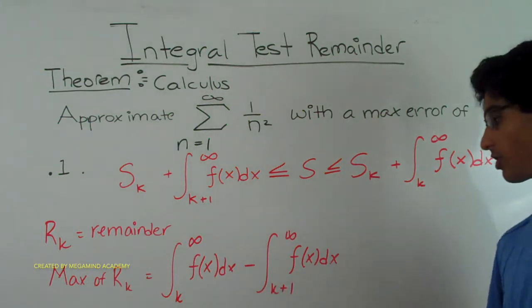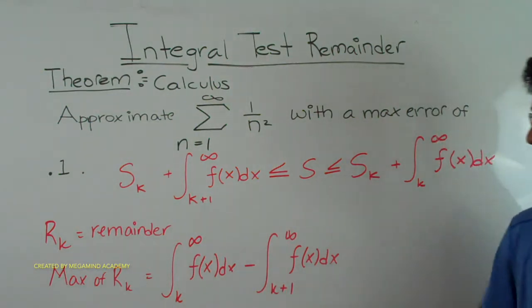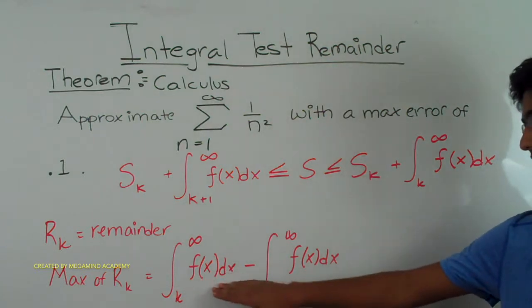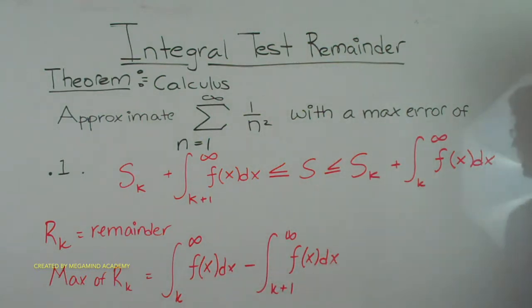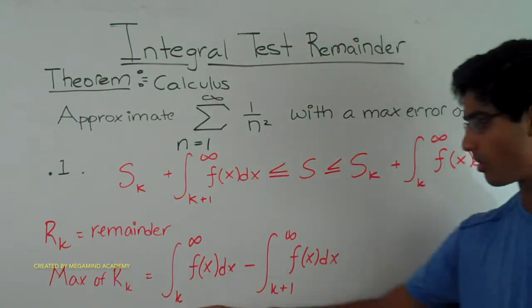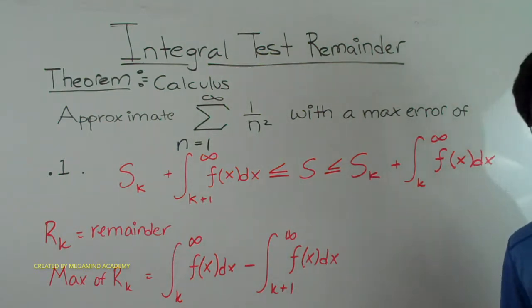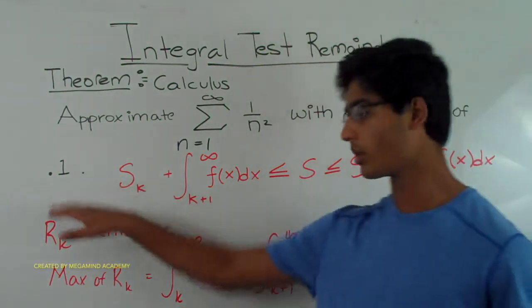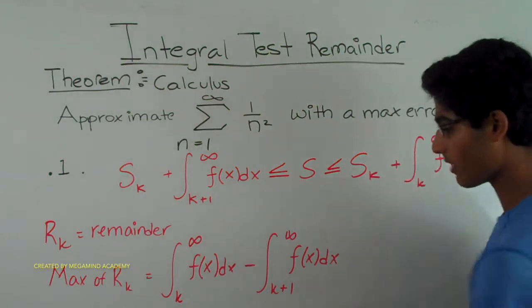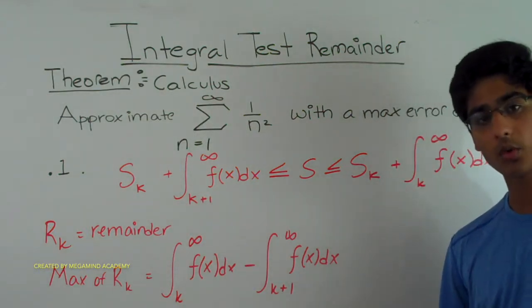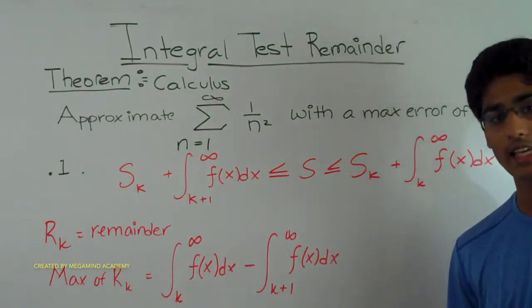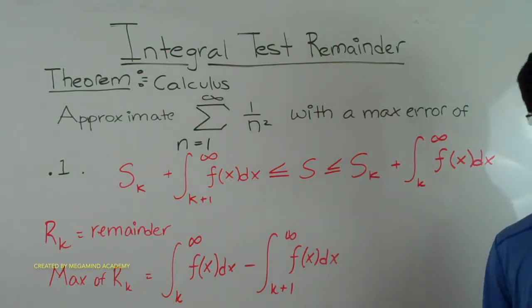Given this, the next step is to solve both of these integrals, and they're improper integrals, so you have to remember how to do that. Then you set this value, which can be at max, according to your problem, 0.1. So you set whatever you get here equal to 0.1, so that you can find the k value by intersecting the graphs on your calculator.